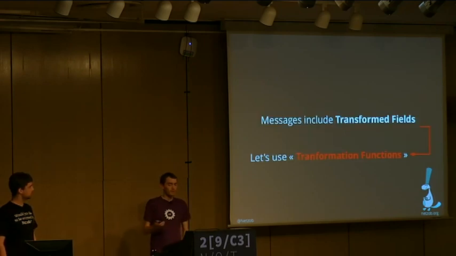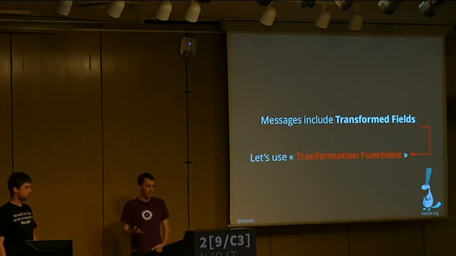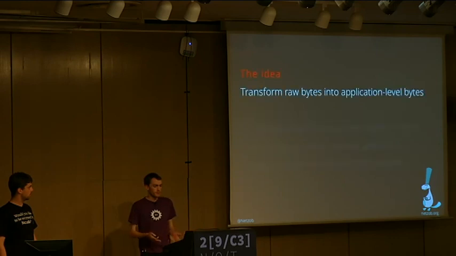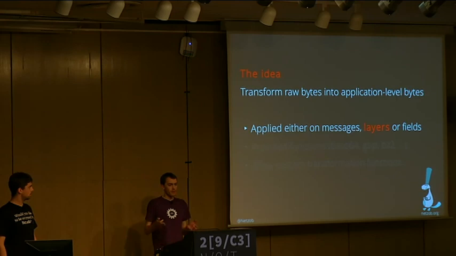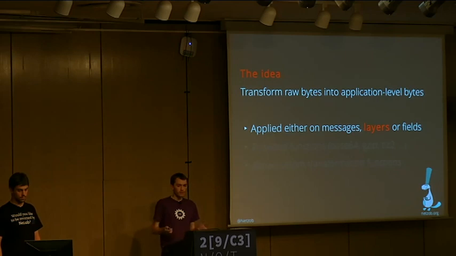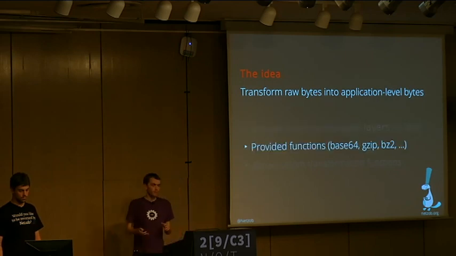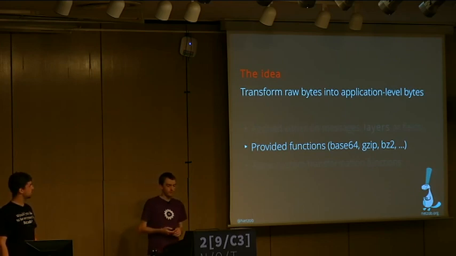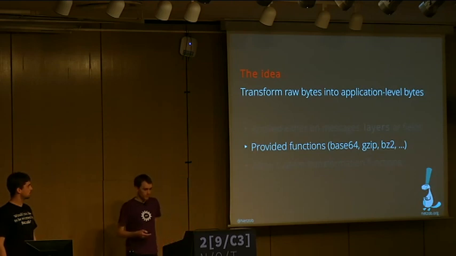To do that, we support transformation functions. I mean some functions you can implement inside NetHub to transform data to application level bytes. You can apply those transformation functions on messages, layers, and fields, and with NetHub you can use provided functions. We support some base64 conversion and some zip compression function.